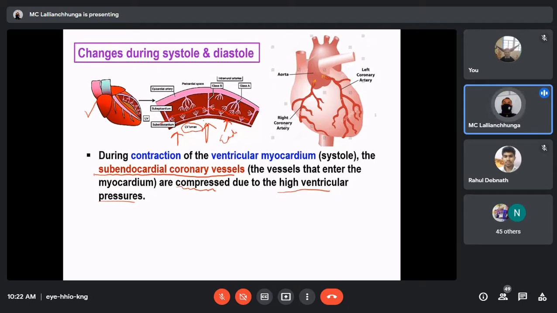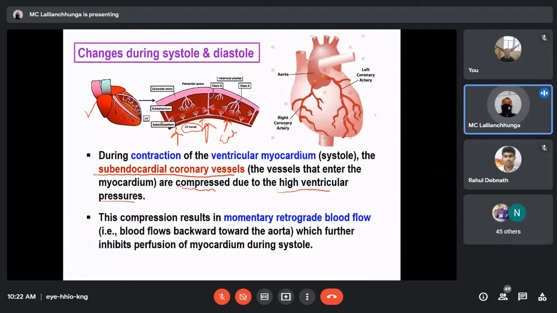So pressure will be exerted against the wall of the ventricle. Because of that, the subendocardial coronary blood vessels are compressed. Then this compression results in momentary retrograde blood flow, that is, blood flows backward towards the aorta, which further inhibits perfusion of the myocardium during systole. So this is very clear.